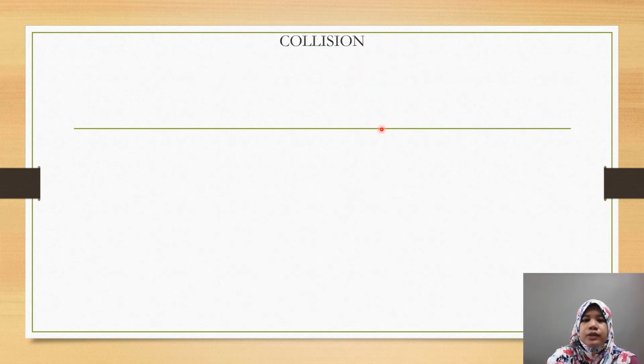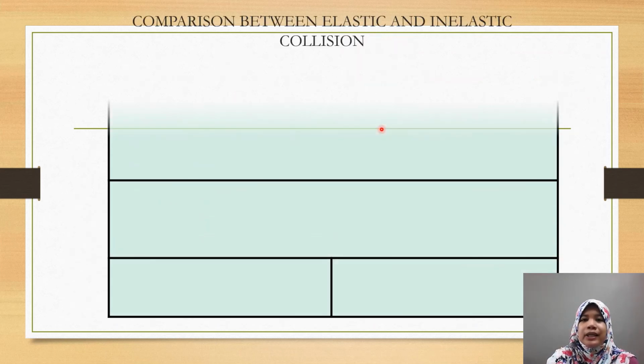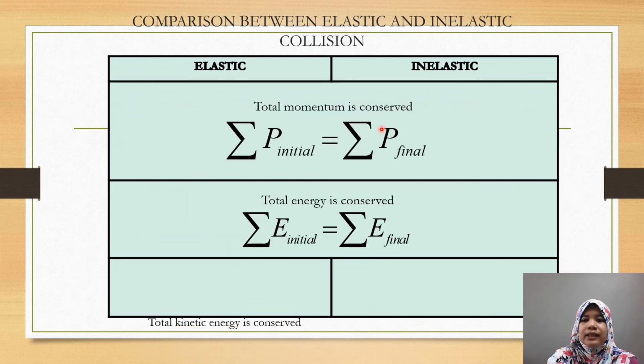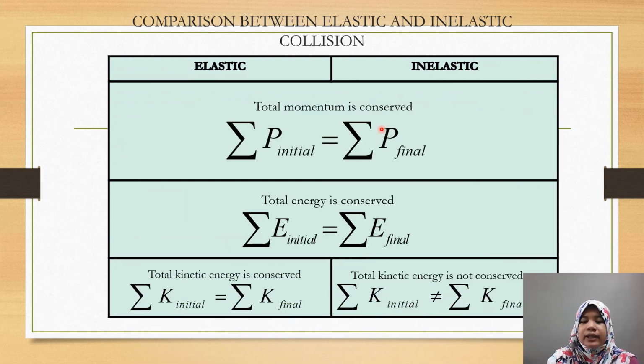Alright, so this one is a comparison between elastic and inelastic collision. So macam mana kita nak tahu pelanggaran kita adalah elastic collision ataupun inelastic collision? Kita akan kira dari segi total kinetic energy.